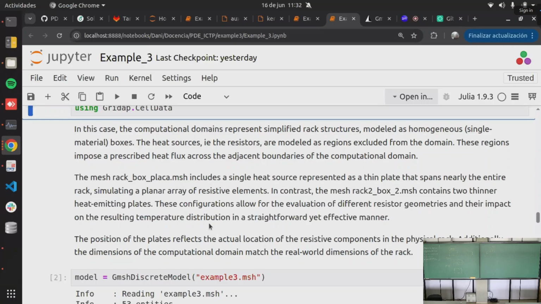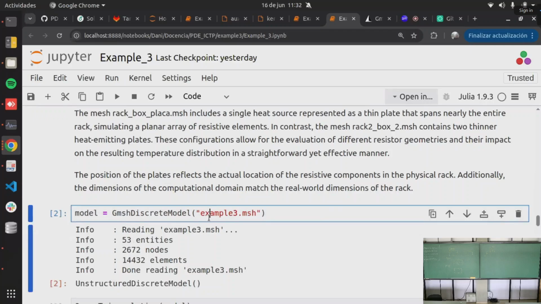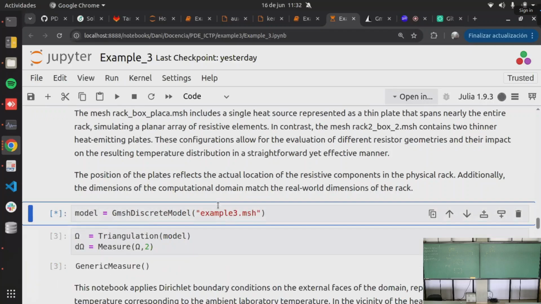The boxes are two concentric boxes. The internal one represents the resistors, and the big one represents the machine. So I add the mesh in the folder.